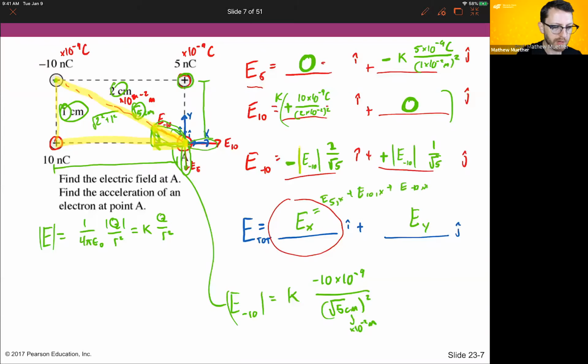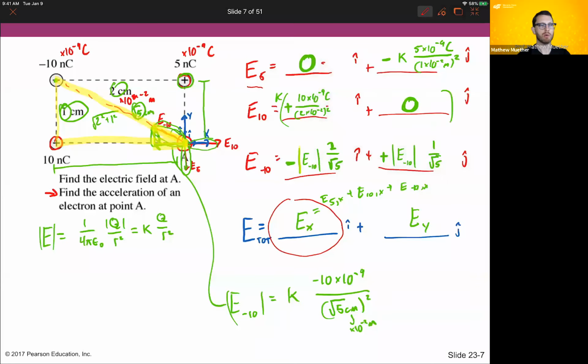What about the next part of this problem? Can we find the acceleration of an electron at point A? How would we do that? Well, let's just quickly write down this rule. A force just comes from putting some charge into an electric field.